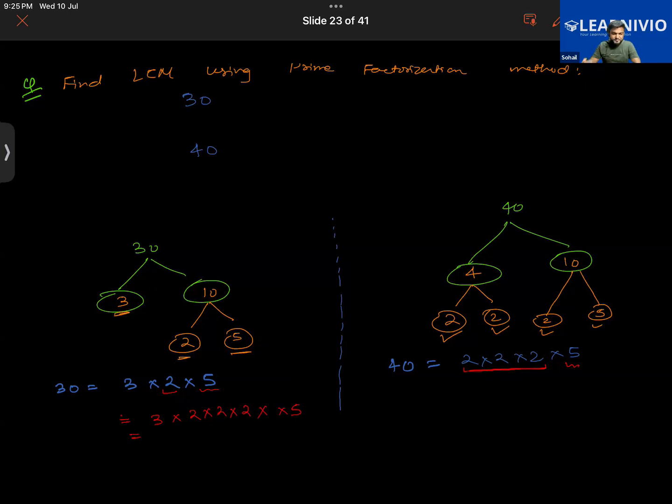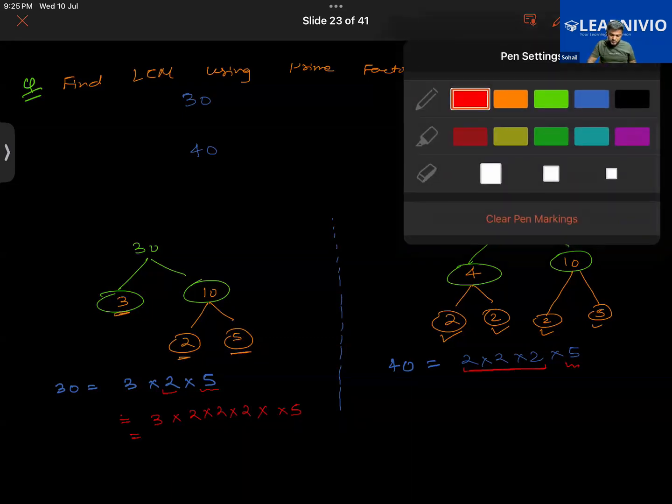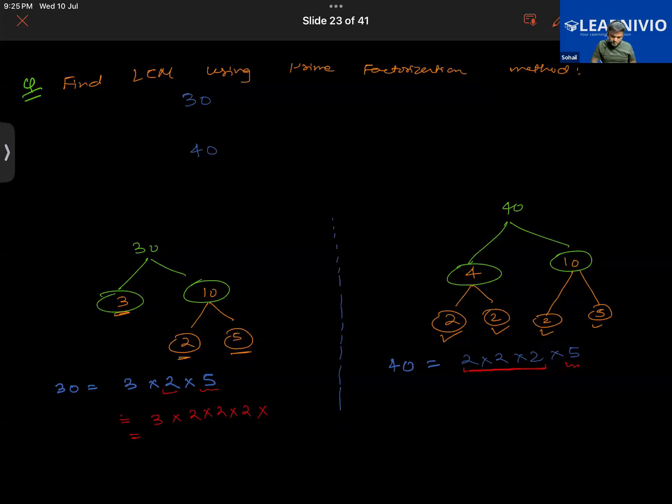So quickly multiply this. 120. Very good.